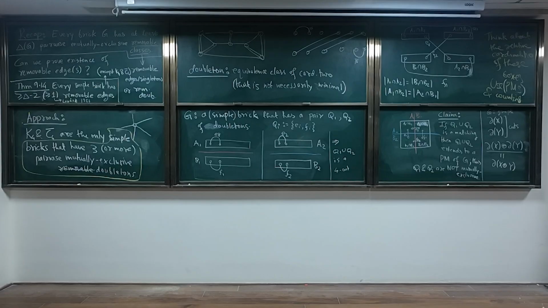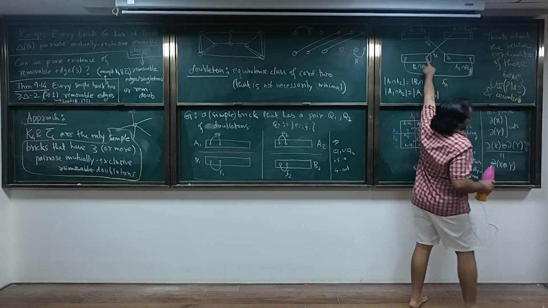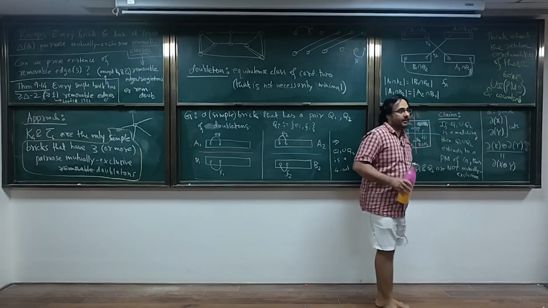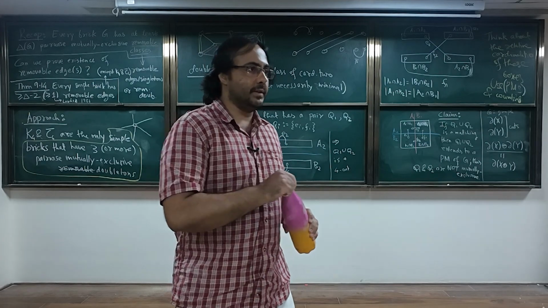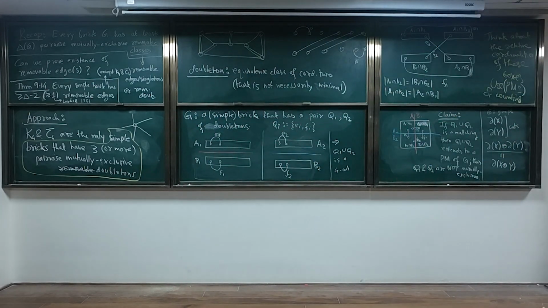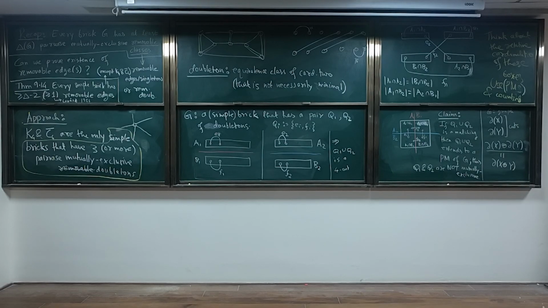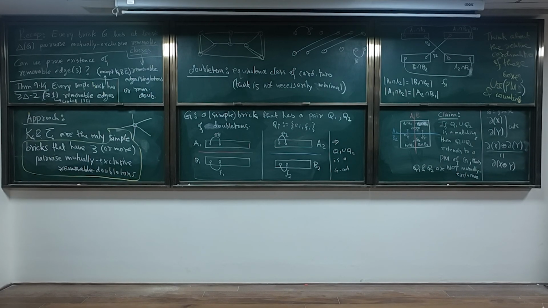Assume that Q1 union Q2 is a matching. So my drawing is actually an honest drawing. 8 distinct vertices. See if in this case you can prove that these 4 edges extend to a perfect matching of the whole graph. I want to finish this proof today.